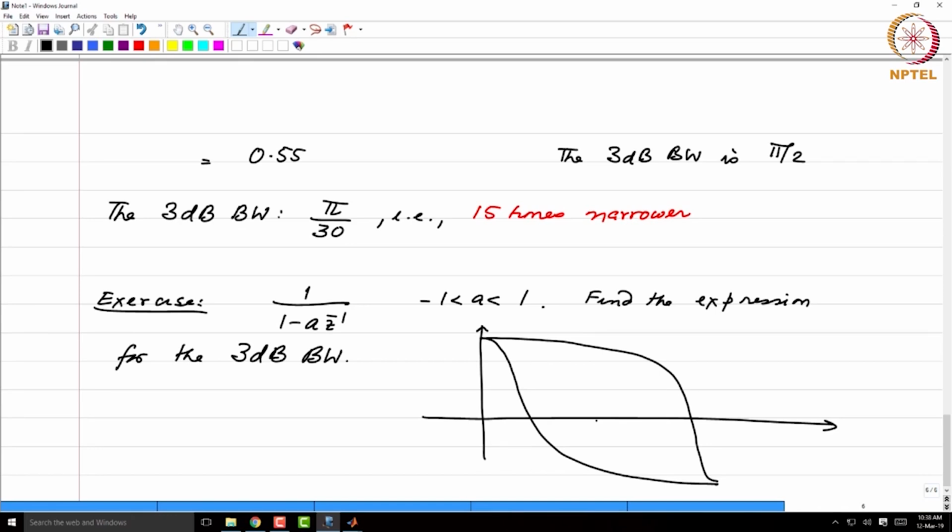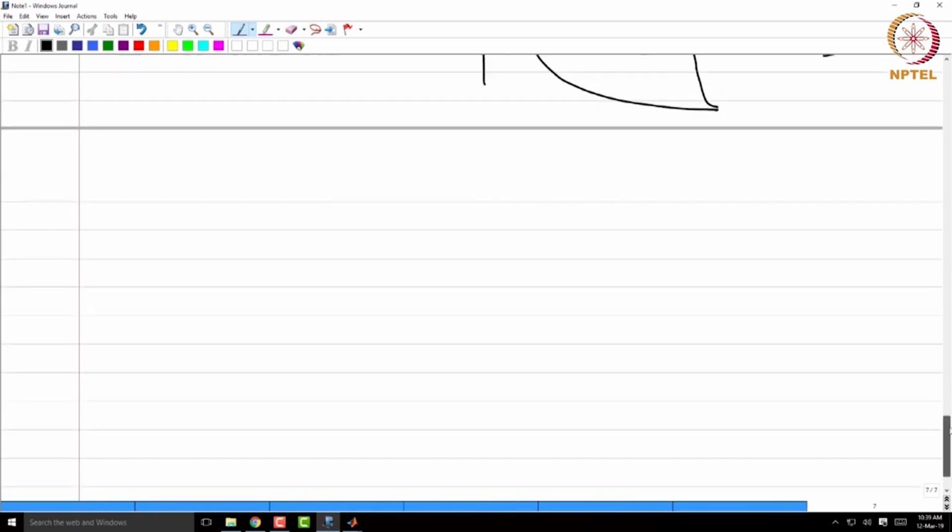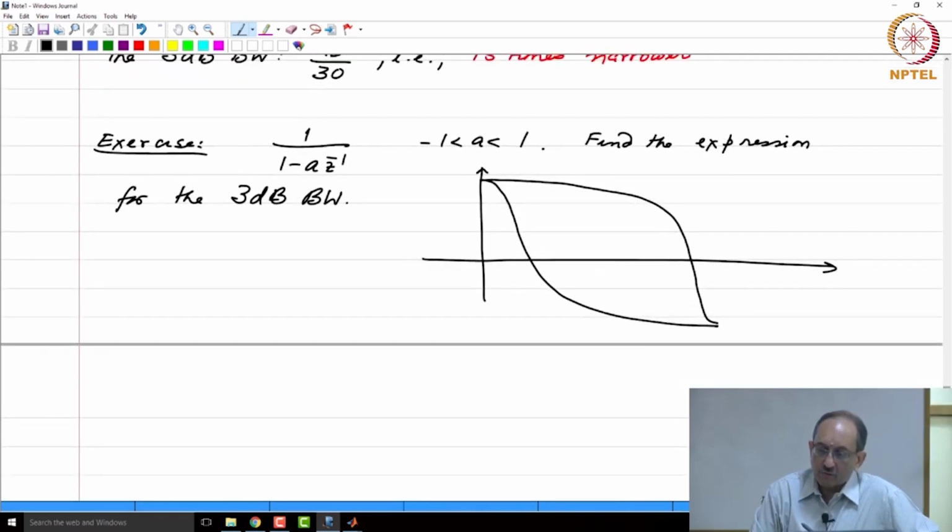So, this example shows you that in general poles tend to give you sharp peaks, and that is why when you want to shape the frequency response, if you have poles also to play with, that is if you are considering systems that have both poles and zeros, then you can get very sharp transition from pass band to stop band using poles.